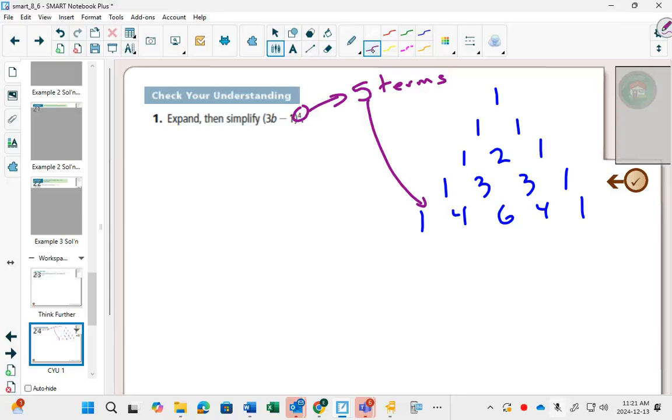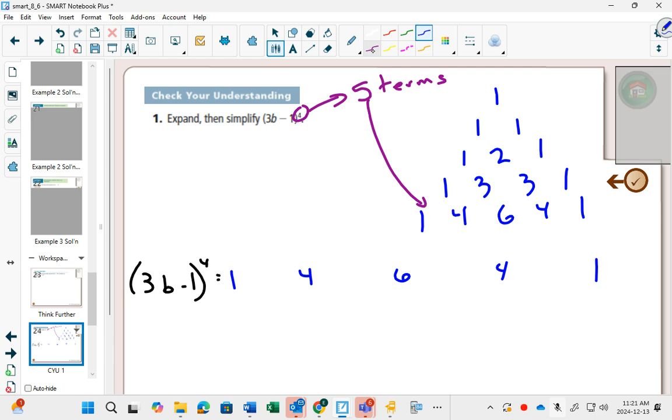And now I can start by saying, I know that 3b minus 1 to the 4 is going to equal, and I'm going to space this out, 1, 4, 6, 4, 1.